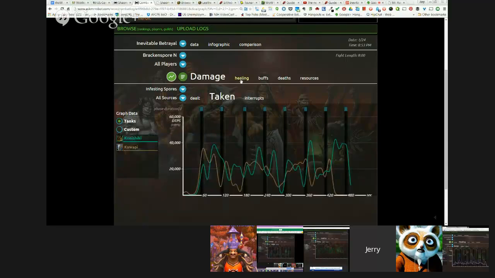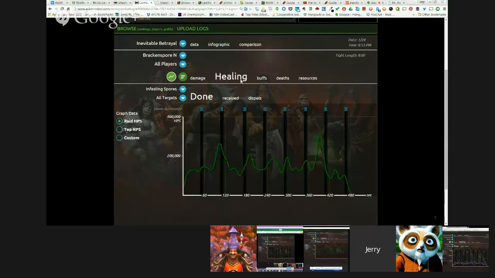If I then take that knowledge and go look at healing, I can look at this from the graph with the spore phases happening and see where our healing was hitting. As I'm processing this, we're seeing the most damage spikes in and around the infesting spores phases, but we don't seem to be really good about hitting it. It's sort of after the fact, so we're lagging.